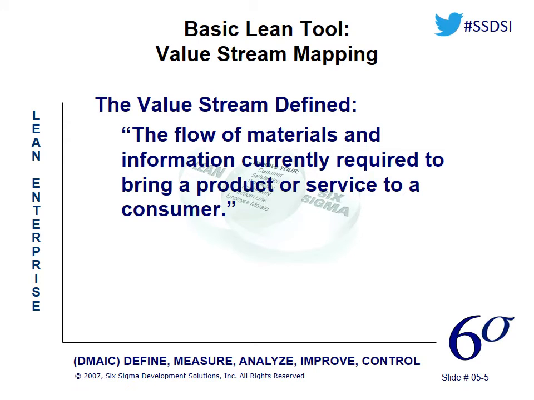So this is basically looking at the process from the start to finish, and how much value it brings to a consumer. And when we look at the value stream, we're looking at really two different aspects of value. We're looking at what doesn't add value to the customer and what does.